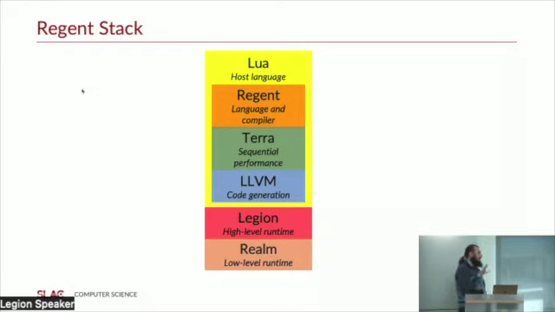But the main thing to know is that when you're in Regent, we compile down to a programming language called Terra, which is essentially a metaprogramming layer that we use, and Terra lowers to LLVM. So whenever we're talking about GPU code generation or high-performance code generation of any kind, all of this stuff eventually goes through LLVM, and then we have Legion and all the rest of that stuff under that.